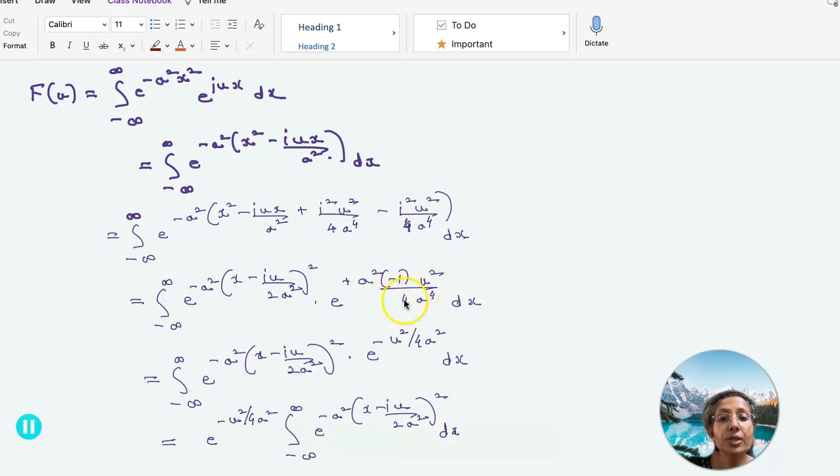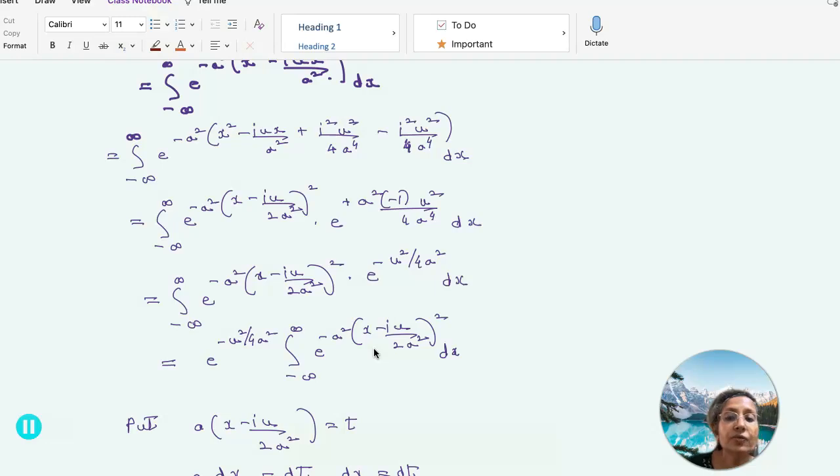So this is the integral of e raised to minus a squared, x minus iu by 2a squared, the whole squared, dx, and this becomes e raised to minus u squared by 4a squared. The a squared and a raised to 4 cancel. So you can take out e raised to minus u squared by 4a squared, and it becomes the integral from minus infinity to infinity of e raised to minus a squared into x minus iu by 2a squared the whole squared.